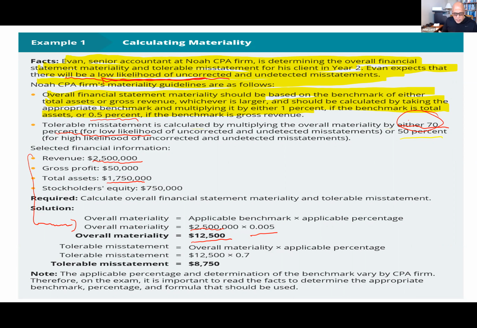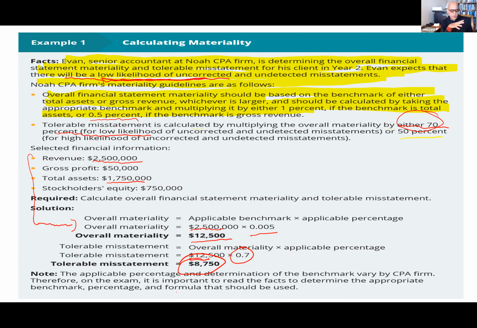They know about this client, they can use their auditor judgment, right, to come up with the appropriate level here. And they've chosen 0.7 because of the low likelihood. Okay, so 0.7 times the 12.5 means that my tolerable misstatement is 8,750.